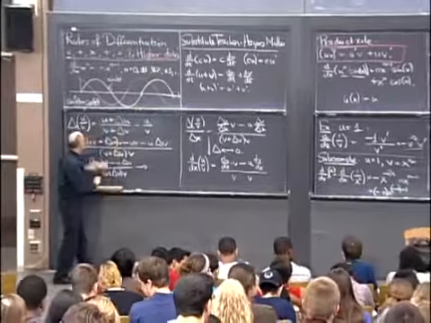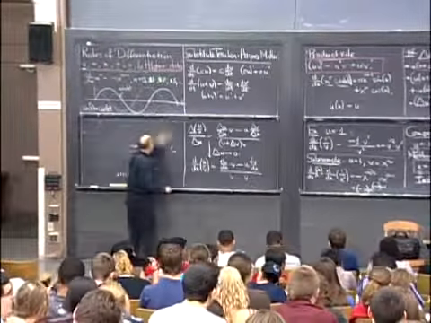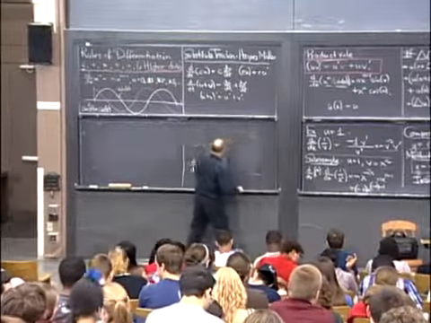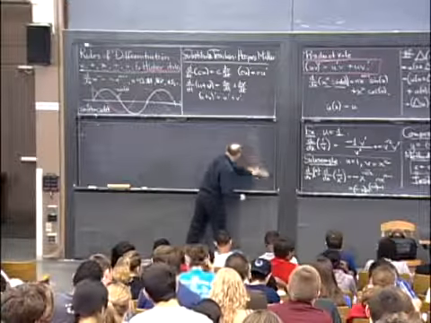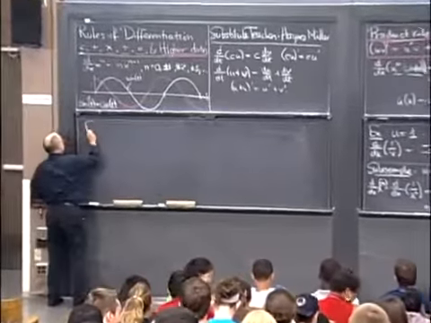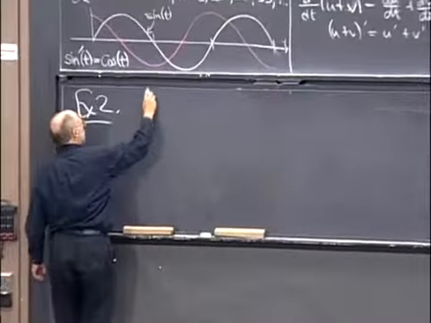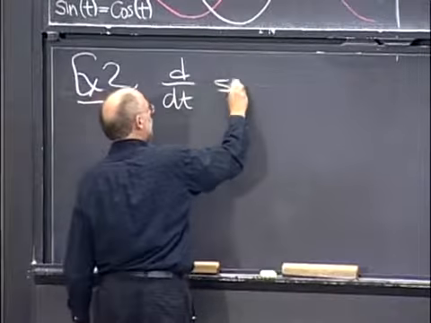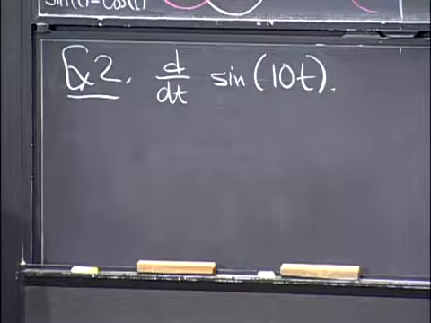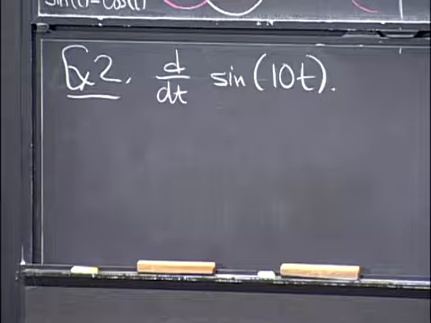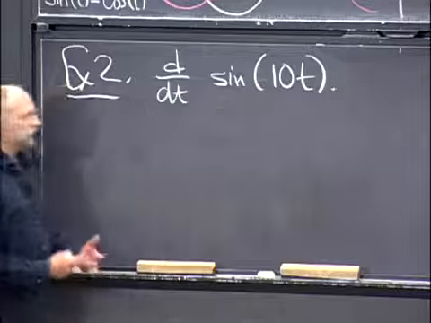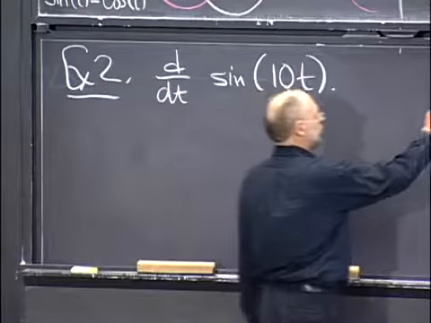Let me give you another application of the chain rule. Ready for this one? So I'd like to differentiate the sine of 10t. Now, again, this is a composite of two functions. What's the inside function?